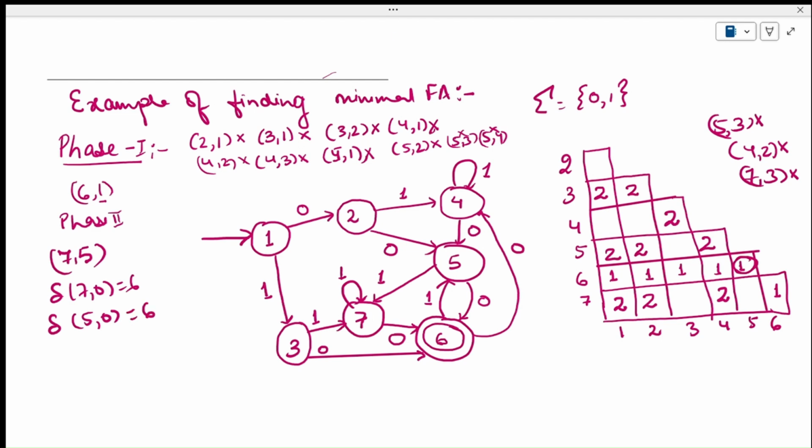Now check for symbol 1. 7 on reading 1 is going to state 7. 5 on reading 1 is also going to state 7. So again we are getting this kind of output, that is 6 6 7 7, where 6 6 and 7 7 is not available in the table. So therefore 7 5 is never going to be marked. So I'll write this as blocked. It will never be marked.